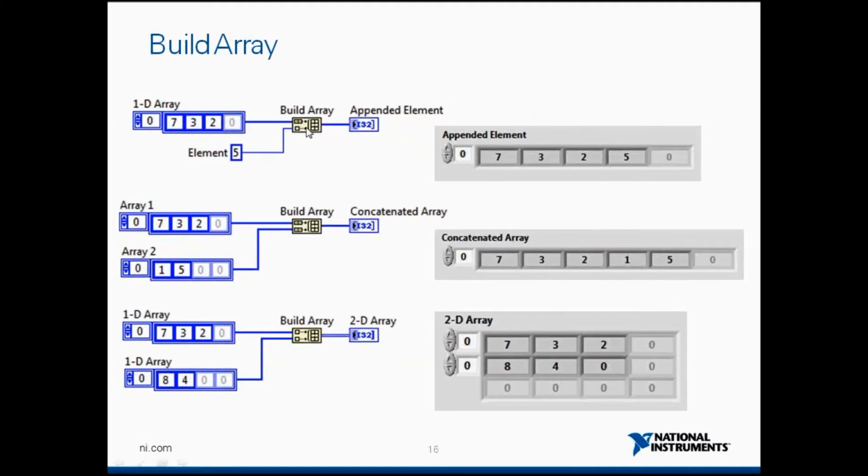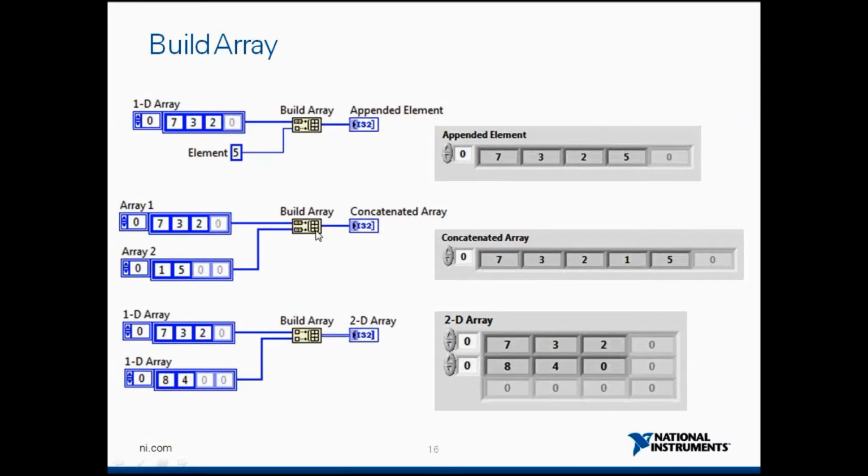So this is my build array function. For the first input I'm giving an array, and for the second input I can even give an element. It doesn't have to be another array. So here my first array consists of 7, 3, 2 and my element is 5. So this 5 will simply be added to the output array such that I have 7, 3, 2, 5 in the output. Now similarly I can also give 2 different arrays.